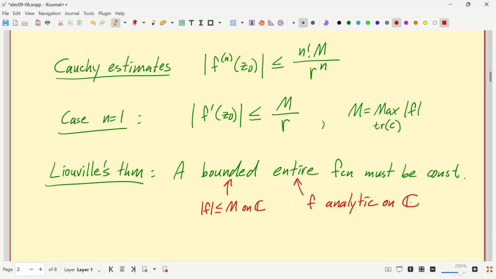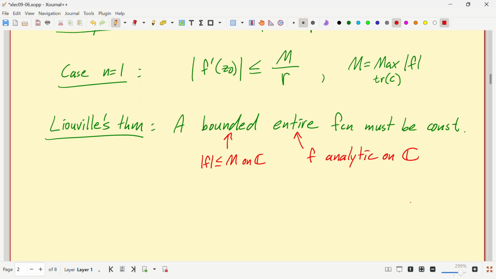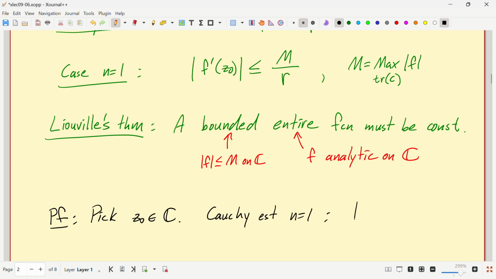And the proof is going to be a snap from that Cauchy estimate. Pick a z naught in the complex plane, any old place. Then the Cauchy estimate with n equal 1 would yield that the derivative of f at z naught is less than or equal to the max, that m is the max on C now, divided by the radius of a circle.